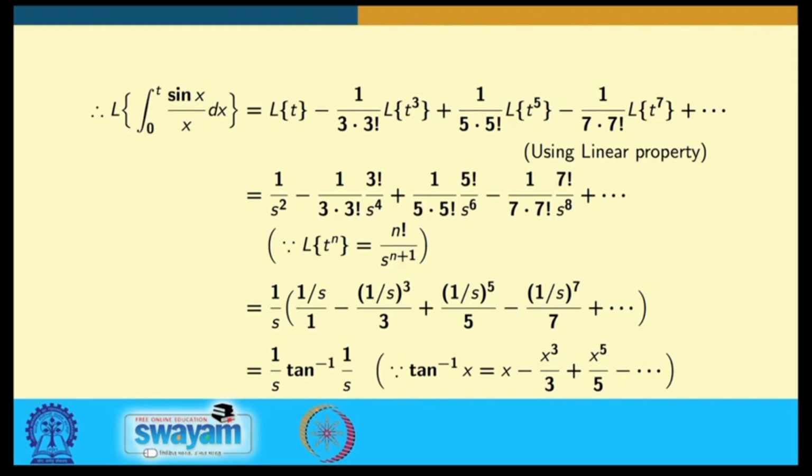As I have written here, Laplace transform of t power n is equal to factorial n by s to the power n plus 1. So, I will obtain all these values.